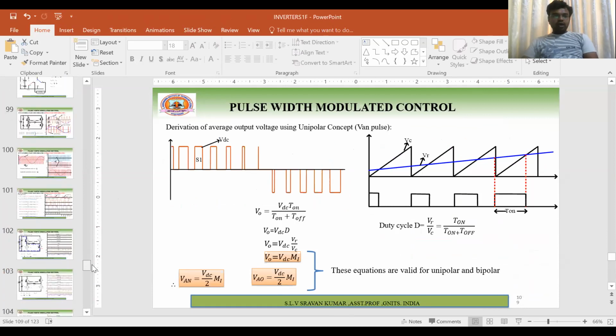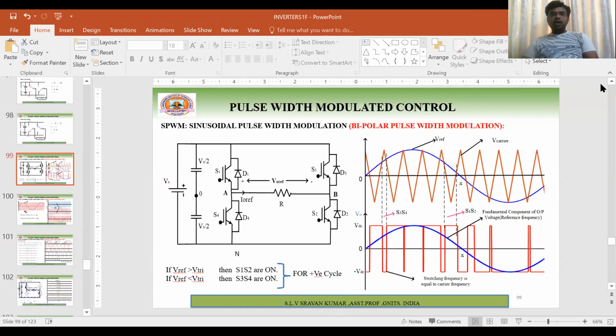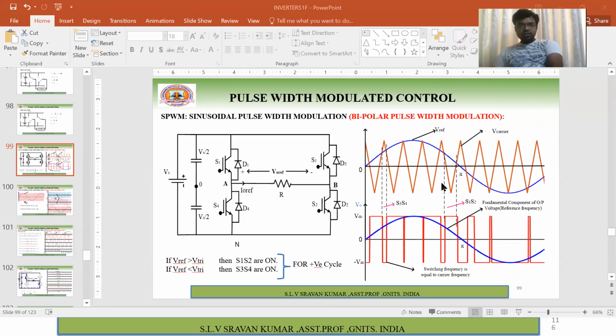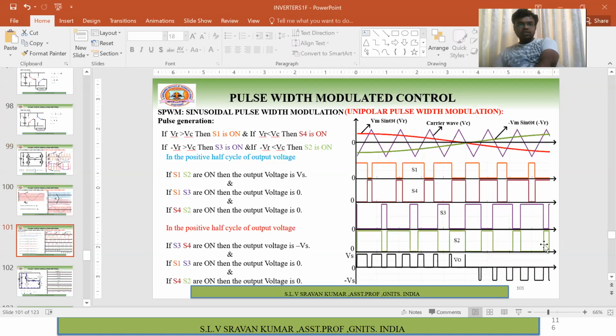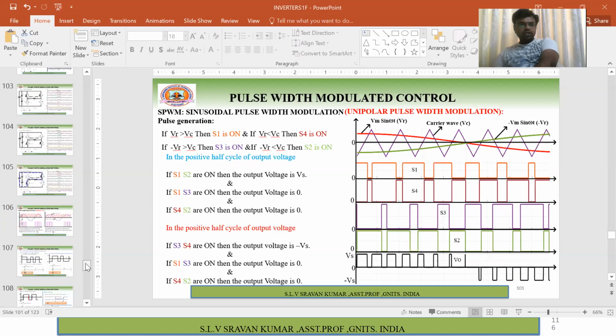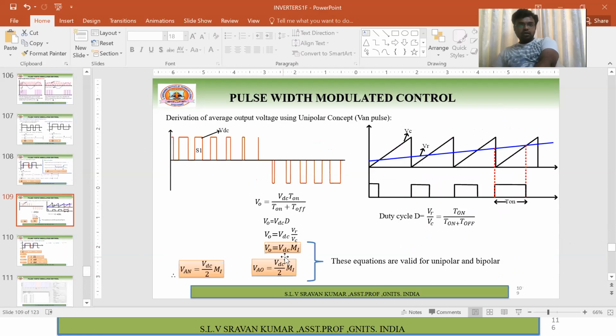But why I have discussed this concept is because it is very important. Just write down the bipolar scheme, as well as these output voltage equations. Why I have discussed in detail: next year you are going for the major projects.